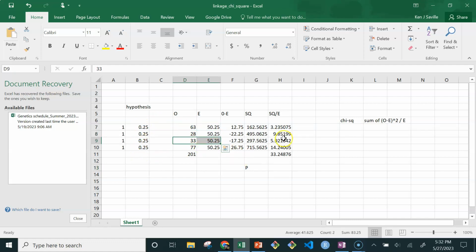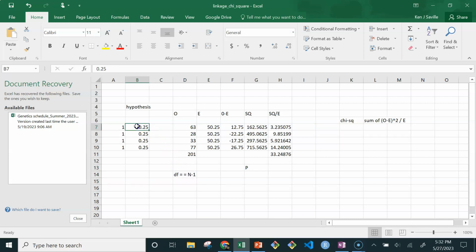So significant that we can reject this hypothesis. And so the bigger this number is, the more likely we are to reject the hypothesis. But we don't use this number directly because this number depends on various things and we have to come up with a p-value. So one thing it depends on is the degrees of freedom. And so the degrees of freedom are always the number of categories minus 1.